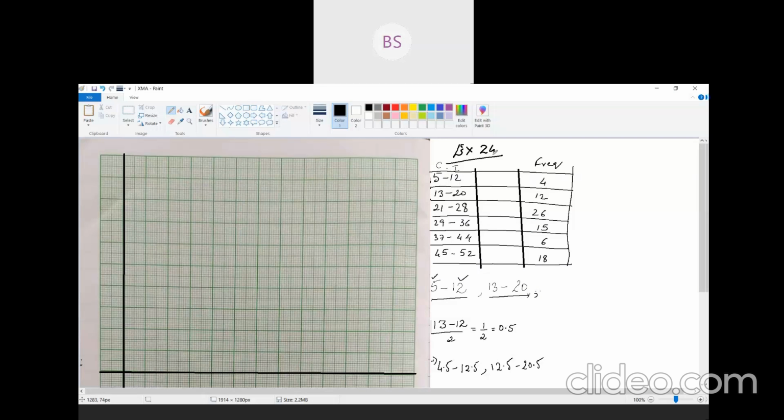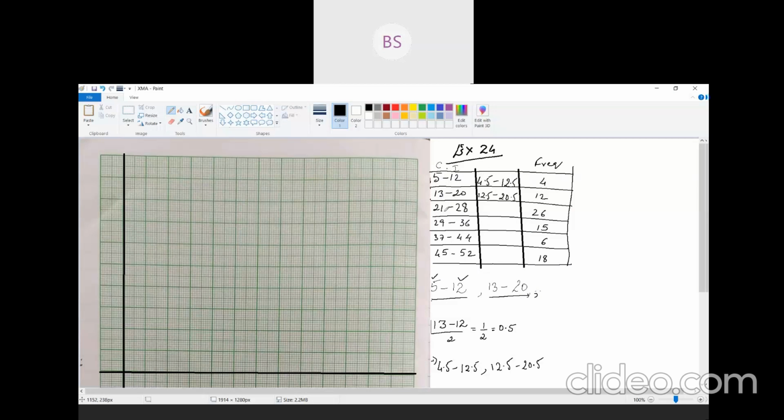For the lower limit we subtract, and for the upper limit we add this value. So the required class intervals now: 5 becomes 5 minus 0.5, that is 4.5, and the upper limit we add, so it becomes 12.5. Similarly the second one, 13 will be 12.5 and 20 will be 20.5.